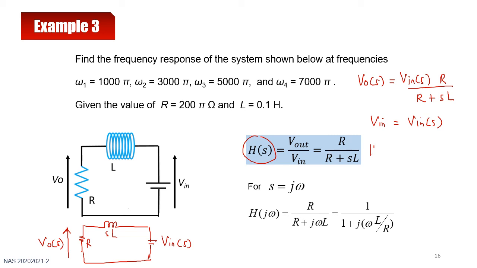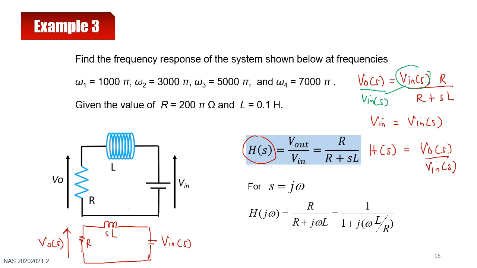So the ratio between the output and the input is given by the H transfer function, V out(S) divided by V in(S). So V out divided by V in equals R divided by R plus SL.